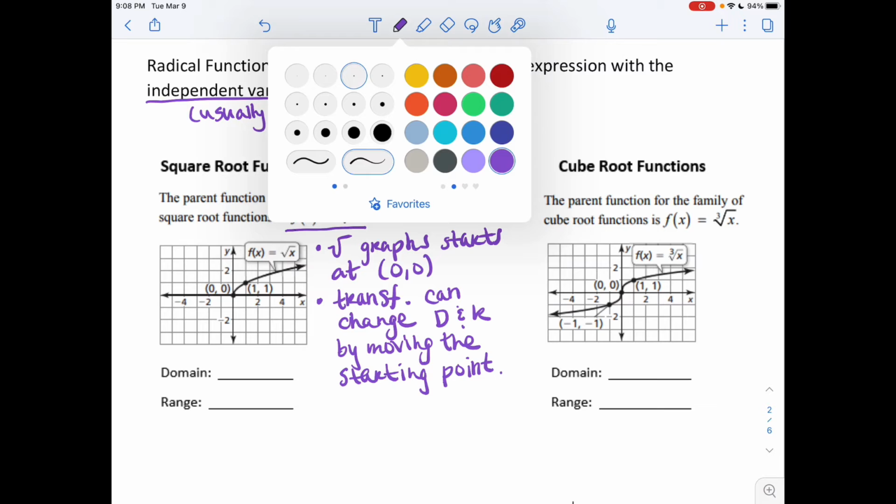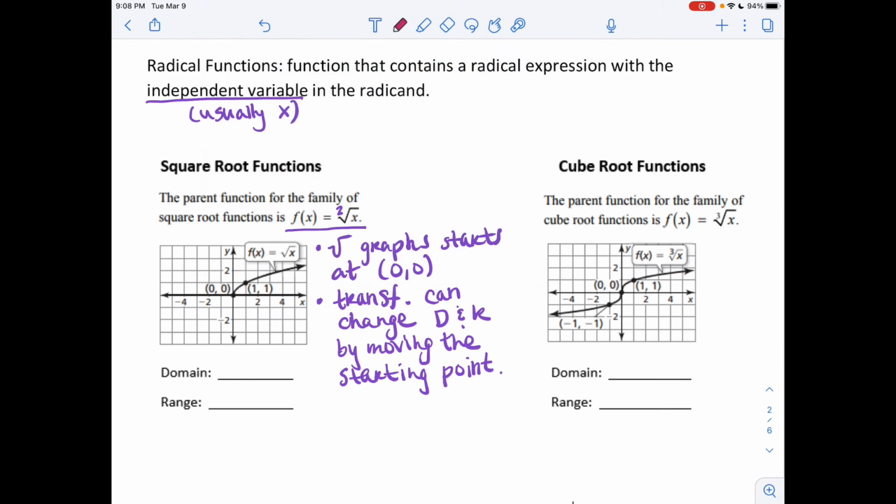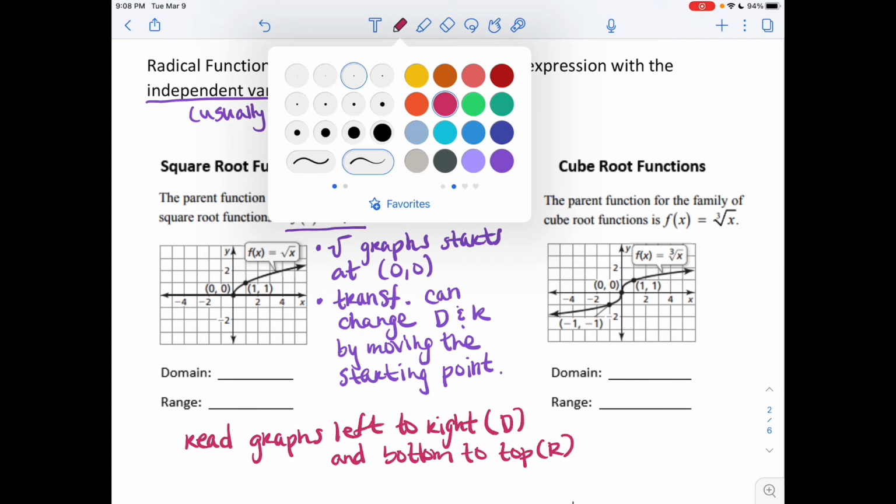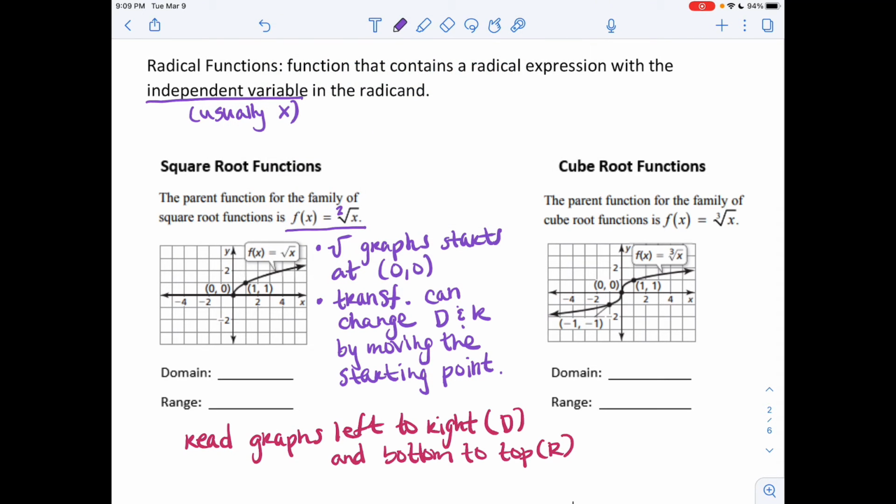Let's remind ourselves first which direction is domain and which is range. We are going to read our graph from left to right for domain and bottom to top for range. Let's first look at our domain. This is going to be our x values. We're reading from left to right. Again, the graph does not start until we get to 0.